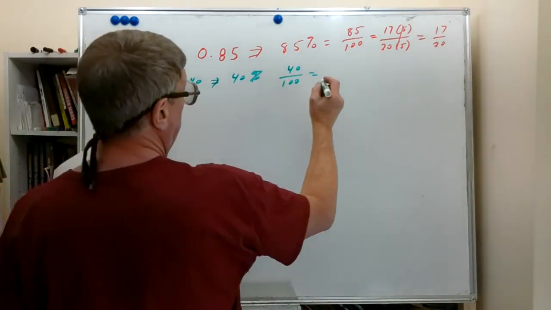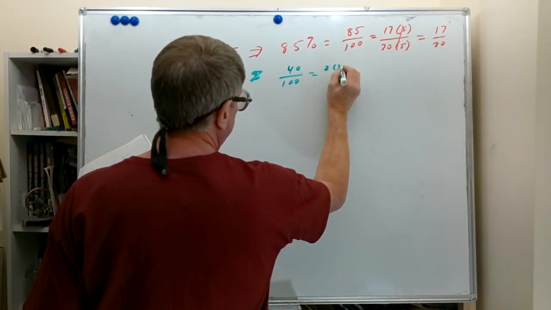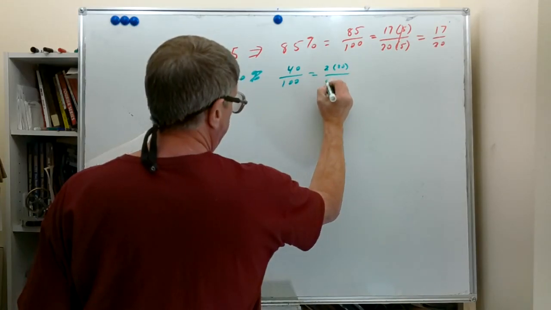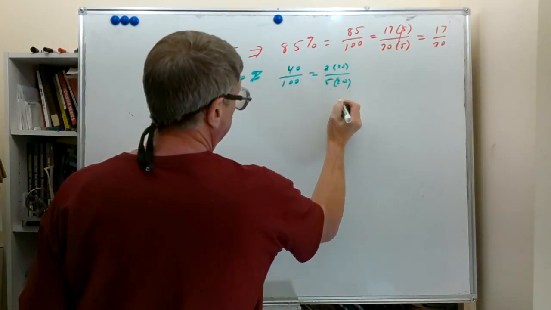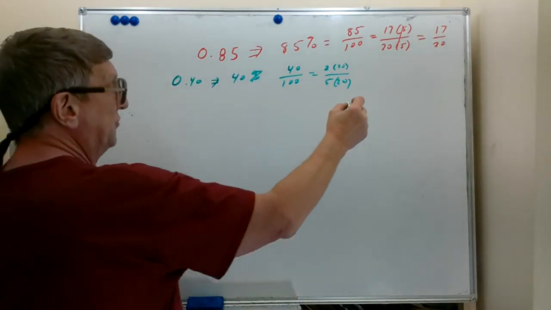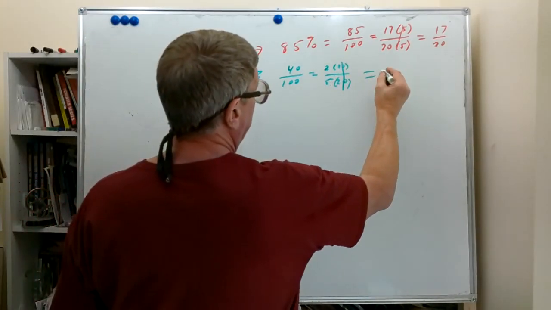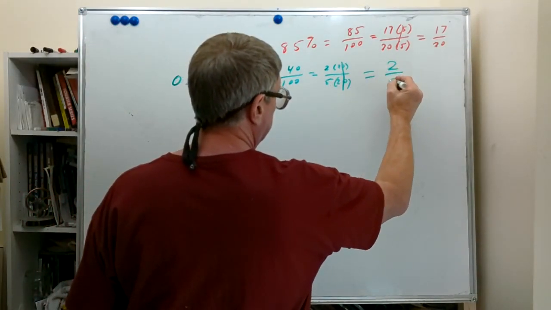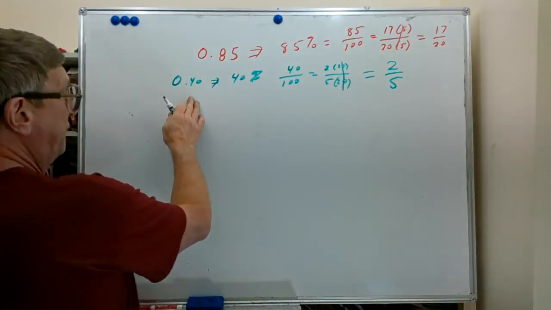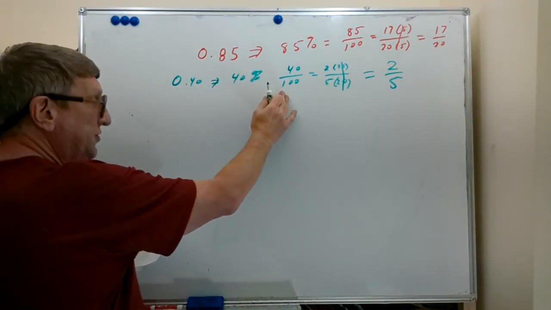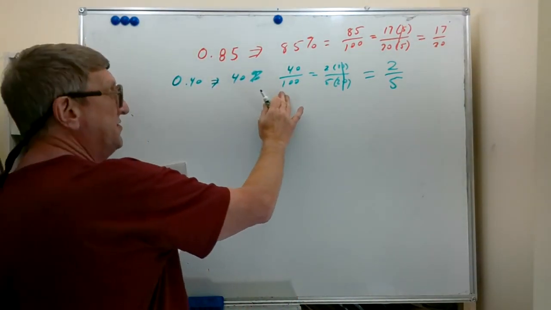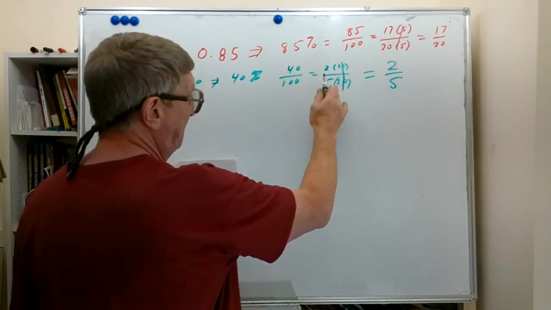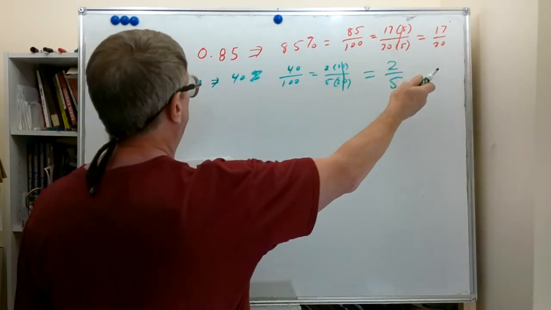Both of these are divisible by 20. 40 is 2 times 20. 100 is 5 times 20. So we cancel out the 20s, gives us 2/5. So 0.40 is 40%, converted it to a fraction by putting it over 100, reduced the fraction by factoring and canceling, 2/5, 40%.